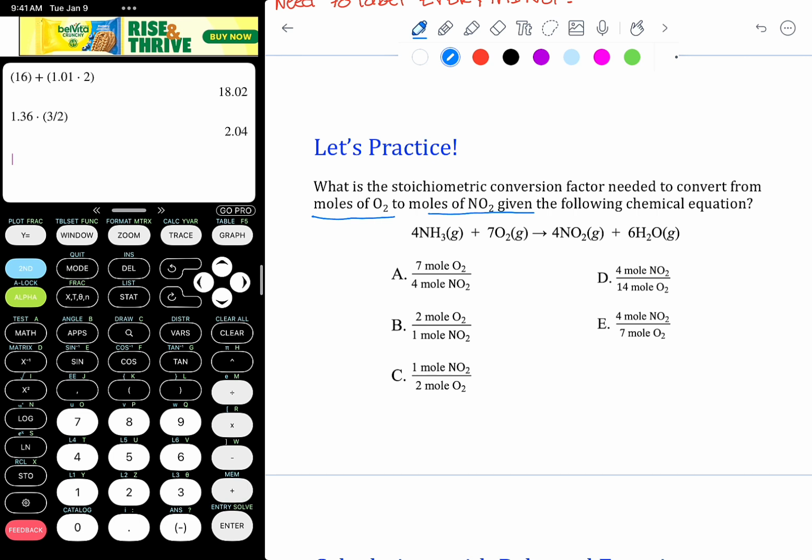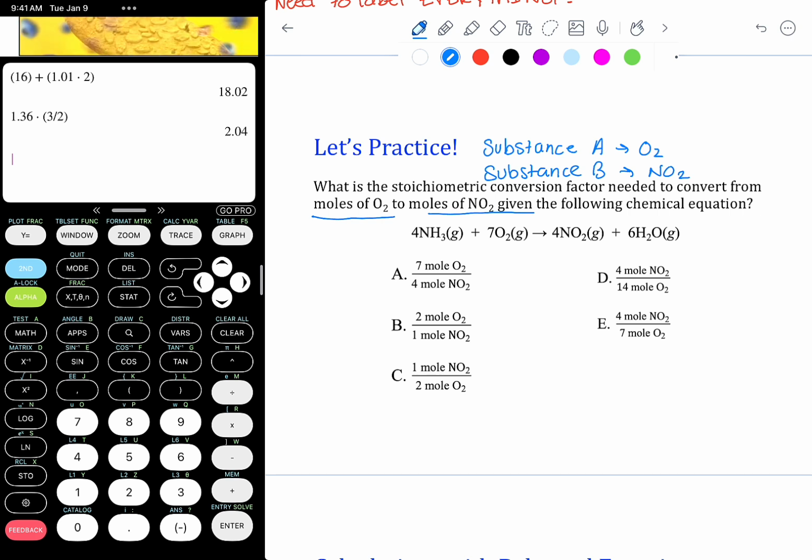So think of this as substance A is O2 and substance B is NO2. How would you set up the stoichiometric conversion factor to convert from moles of O2 to moles of NO2? You have some options here, so look at those options and pick which answer you think is correct.